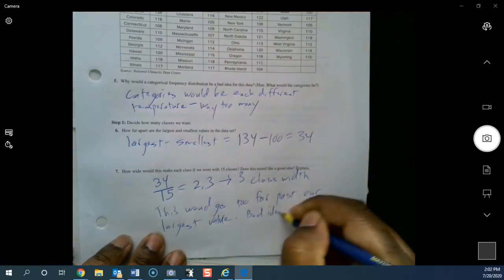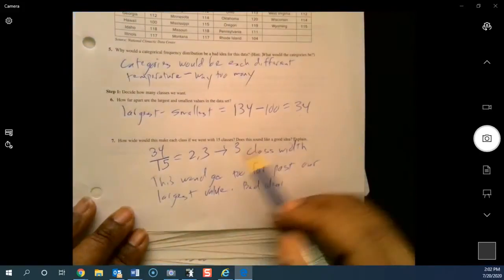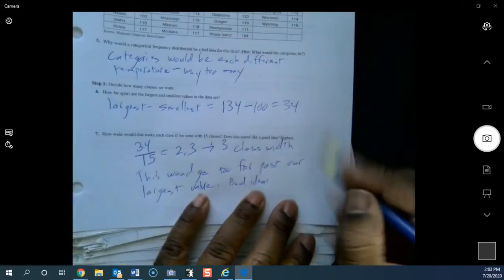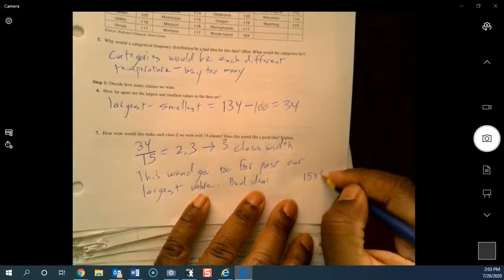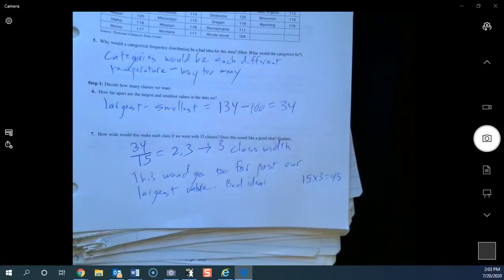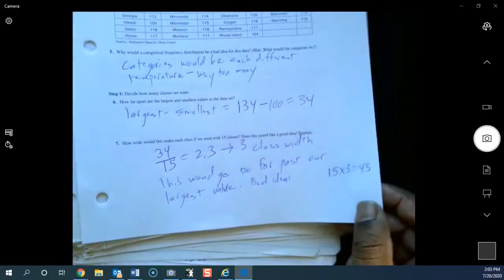And let me show you why it would do that. Okay, if we have 15 classes, remember the class width is 3. So we have 15 classes times 3. That means that it would go to 45 numbers here. And we're trying to get to 34 numbers. So that would be too far out. That would be too far out as far as the class width is concerned.